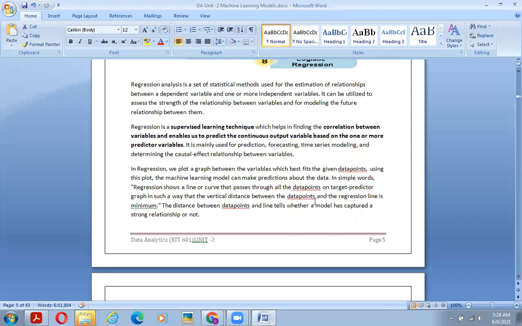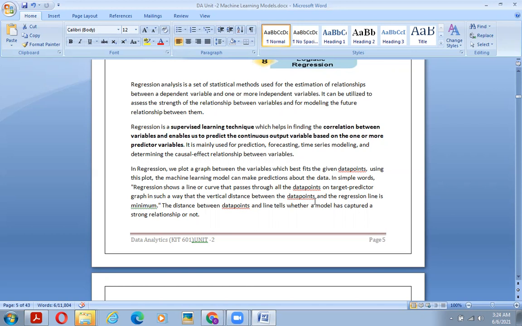Regression is a supervised learning technique which helps in finding the correlation between variables and enables us to predict the continuous output variable based on one or more predictor variables. We have different predictor variables, and we predict a continuous output variable with the help of them, like we use this in forecasting methods.